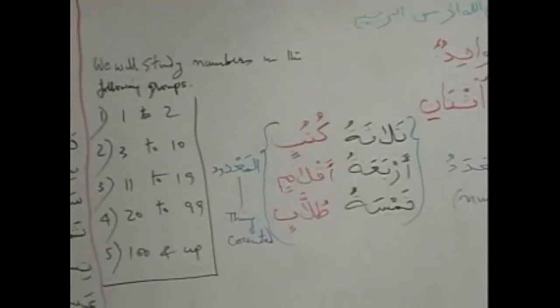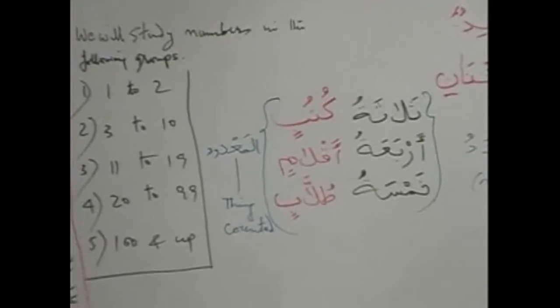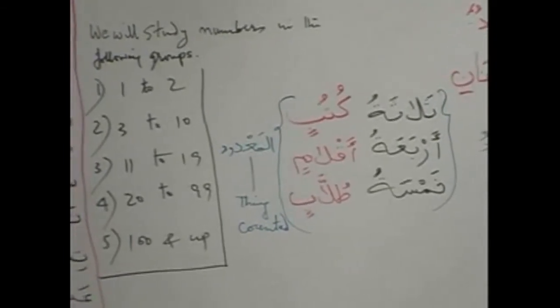Brothers and sisters, I have divided the numbers into these groups, for us to understand. Group number 1 is 1 and 2. I have put them in a separate group because the numbers behave differently in 1 and 2. Then 3 to 10, this is another group.